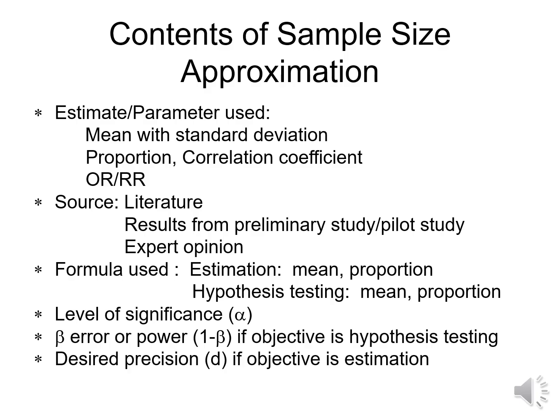The source, whether from literature, from the results of a preliminary or pilot study, or from expert opinion. The formula used, whether it's the estimation of a mean or a proportion, hypothesis testing for the difference between group means or group proportions, the level of significance, the power if the objective is hypothesis testing, and the desired precision if the objective is on estimation.